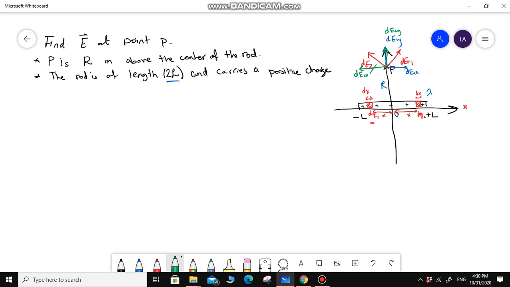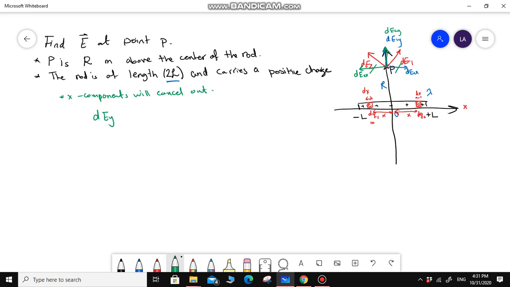As you can see, these two components on the x are equal and opposite, so they cancel out. So as if I am telling you that the field at point P is only due to y components. So let us keep this as a note. X components will cancel out, and I need to study only the small components generated from the vertical components.